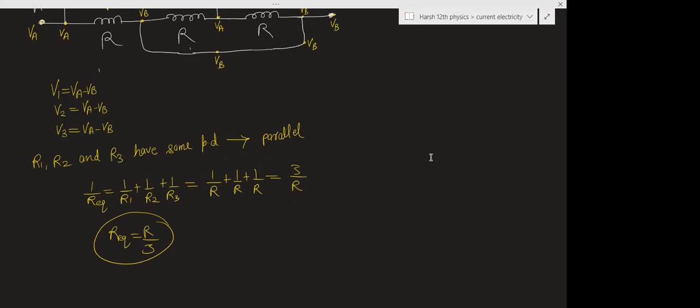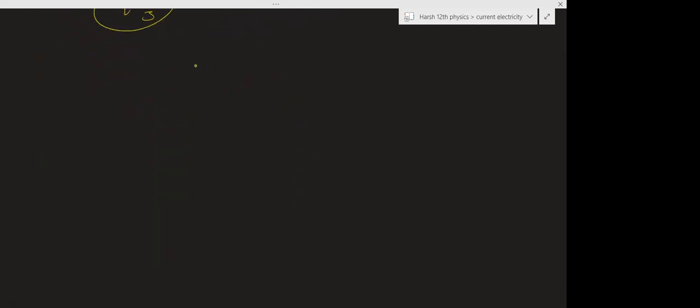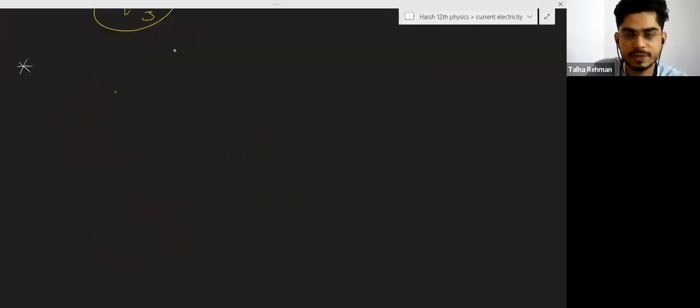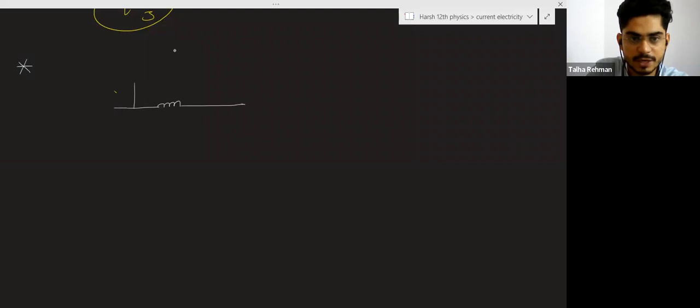Done, sir. Now we have a type 3. Not a type 3. I will just make a star and write this. If you have a resistance connected like this, and if you have connected this wire, and suppose the current is flowing, so all the current will flow through this path.